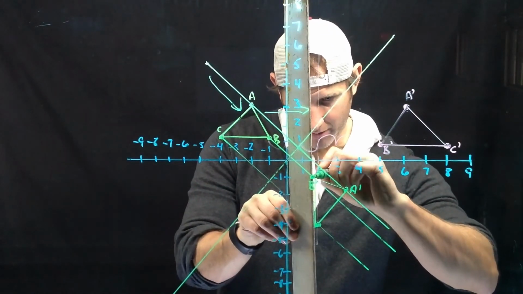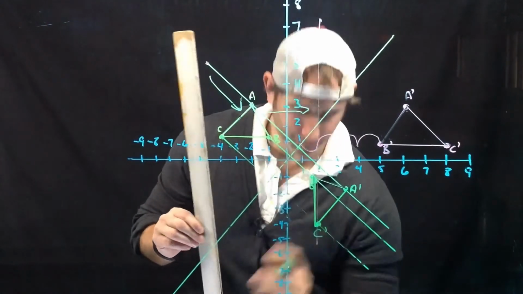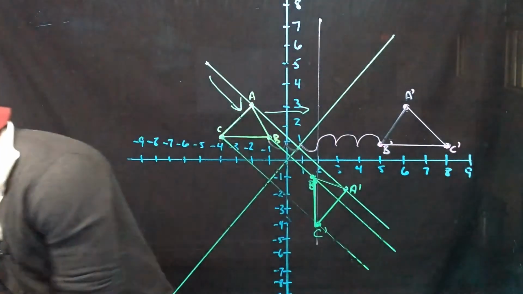My dots aren't lining up as well as I would have hoped. But essentially, that is what you would do to flip over a diagonal.